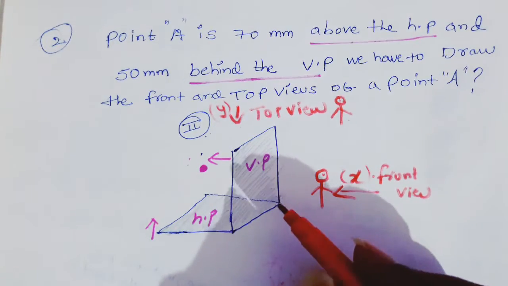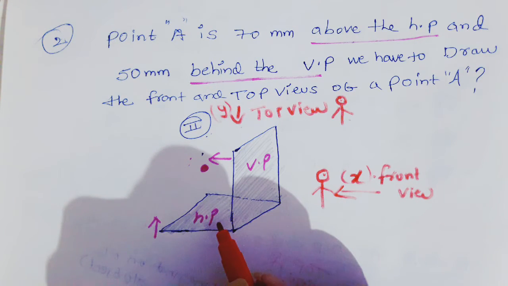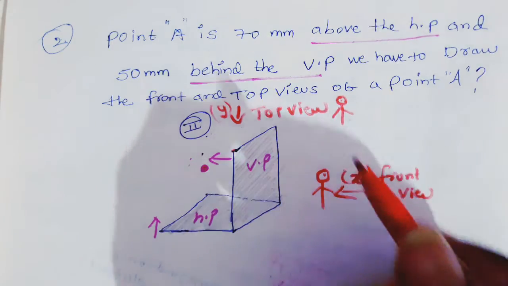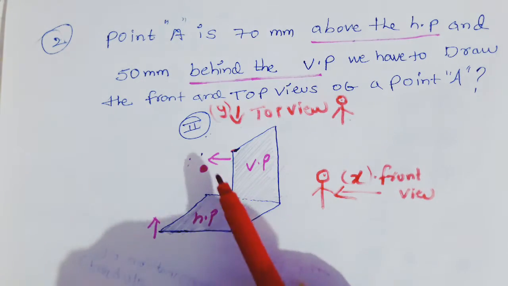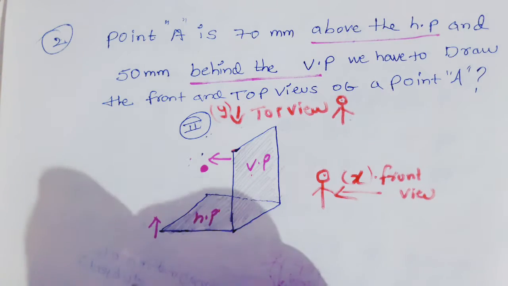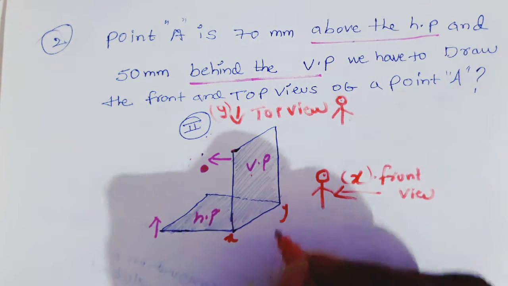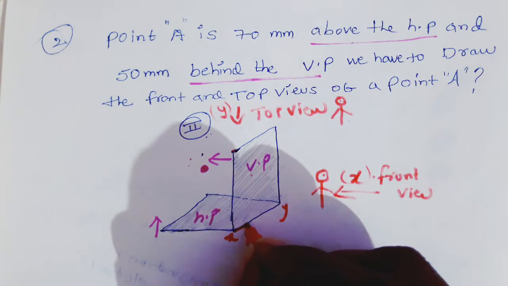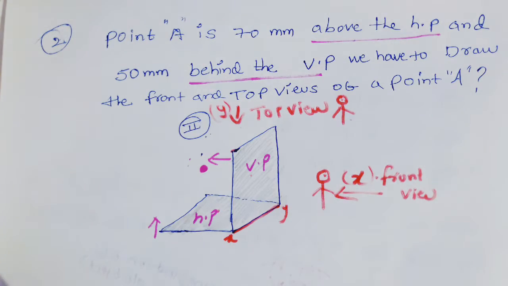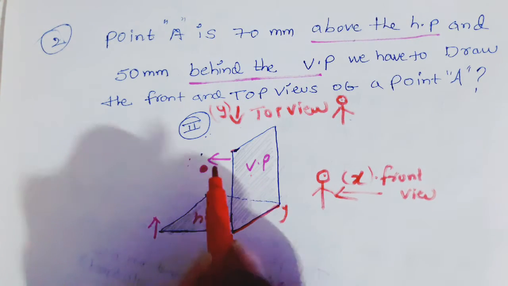As of now we know that the vertical plane and horizontal plane are not transparent. Then how will you imagine the position of a point at a particular distance from HP and VP? This line is called the XY reference line. So you cannot observe the position of a point in the second quadrant.